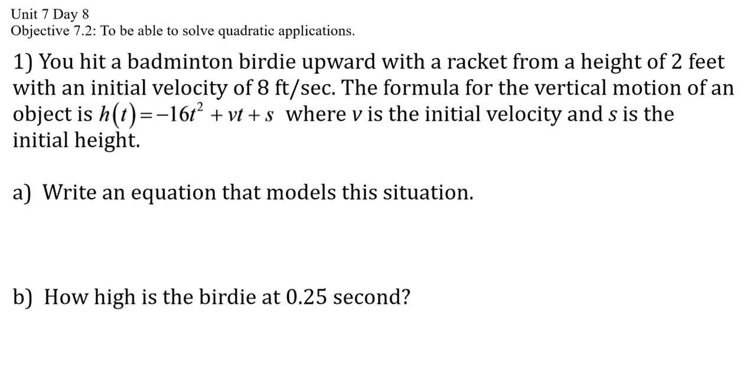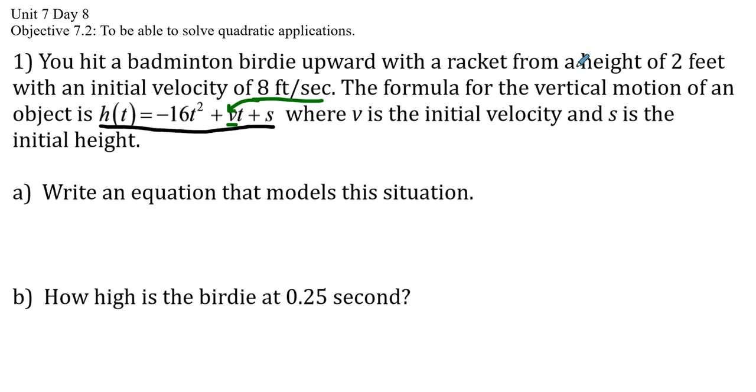So what we want to do is write an equation that models the situation. Well, we have this basic template for our function, right? We've got to pick out the pieces that are missing. Do we know the initial velocity for v? And do we know the initial height of the birdie? Well, the initial velocity, they said, was 8 feet per second, so 8 is going to have to go in place of v.